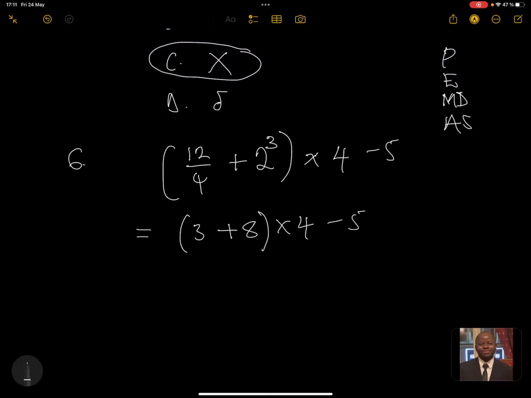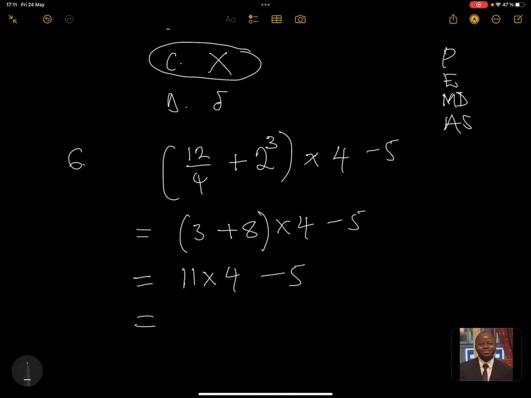This is first. We evaluate what is in the bracket. So what is 3 plus 8? That is 11, multiplied by 4 minus 5.